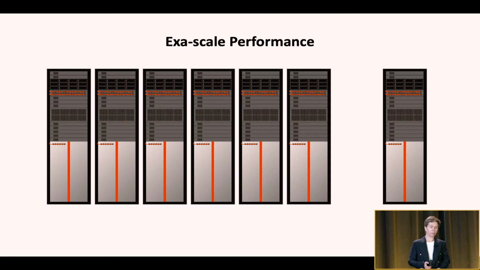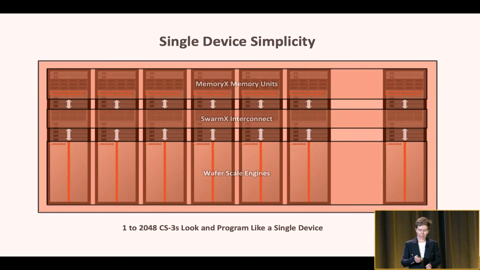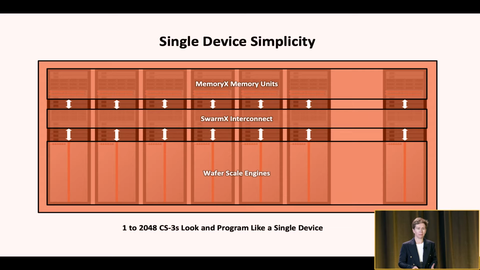So we stack all of those components together and build large-scale clusters. But no matter how many nodes you have in a cluster, it is always viewed and programmed as a single device. Across all of those clusters, all of the memory units are connected in a single pool, so for the developer, you view that as a single pool of memory for your parameters.